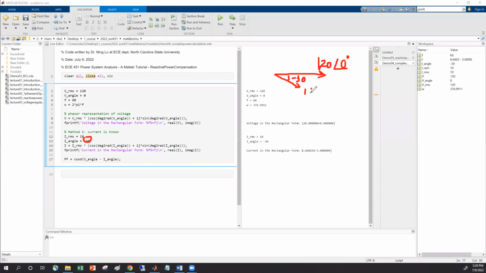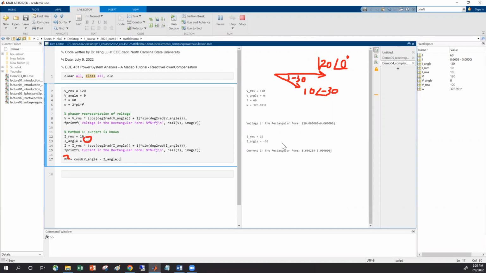That is actually 10 at minus 30. So if I want to calculate the power factor, it is the voltage angle, which is 0, minus minus 30, so that will be 30 degrees. So let's see what that value is.